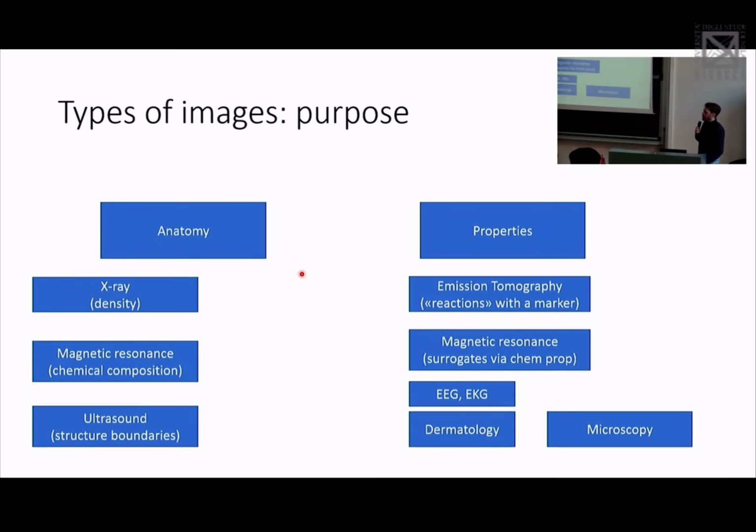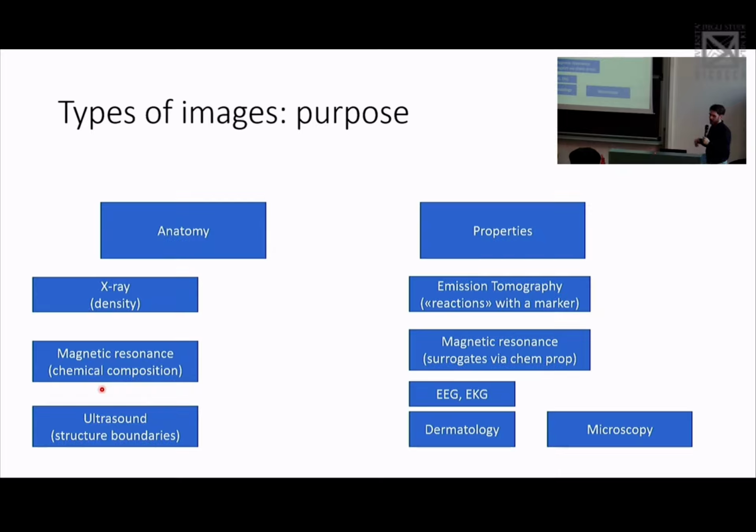You can also categorize images according to the purpose for which they were acquired. So many show the anatomy, which means the shape of the body or of organs. And you can use X-rays, which show the density, and different organs generally have different densities, so you see boundaries and therefore shapes.